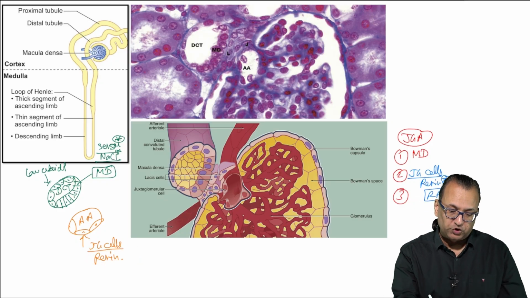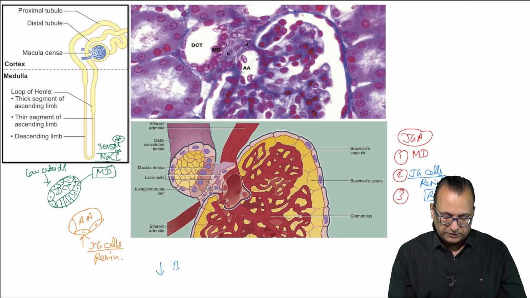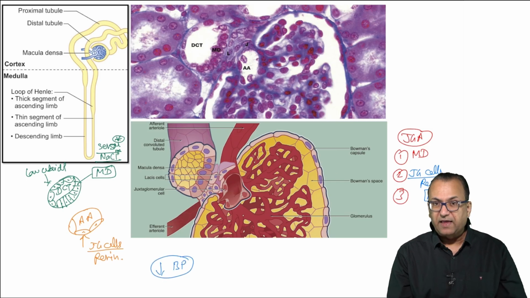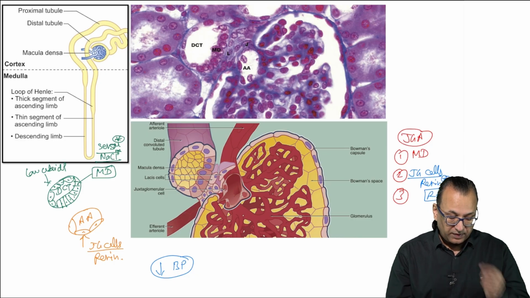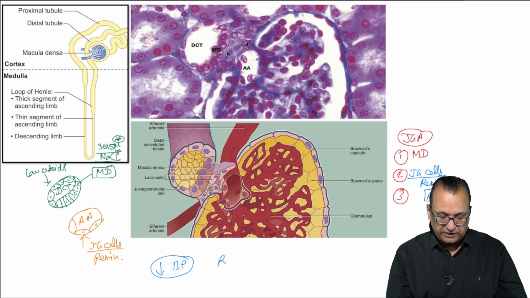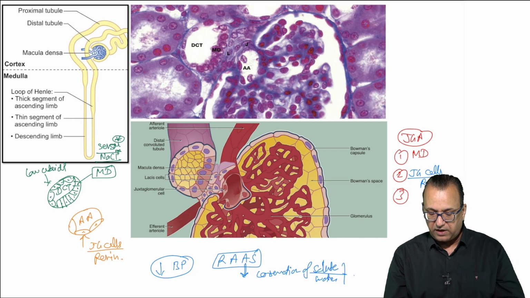So let us assume a situation where there was low blood pressure. What happens is that the renin will be secreted, the renin, angiotensin, aldosterone system, and you know aldosterone is for conservation of solutes. As it will conserve the solutes, it will conserve water also. As you conserve the solute and water, there will be increased BP. So that is how it works.